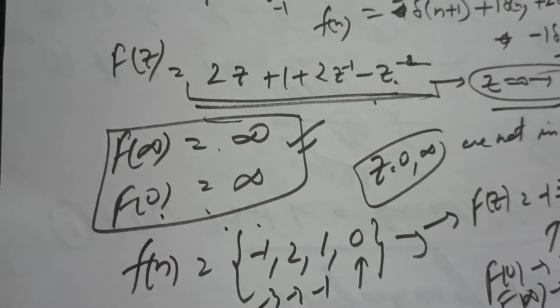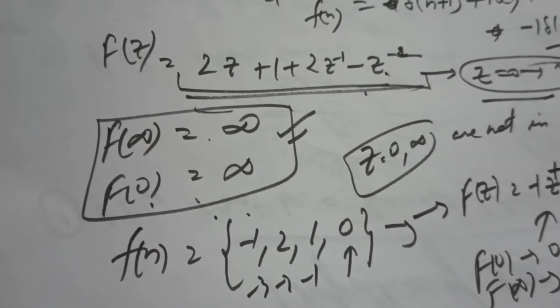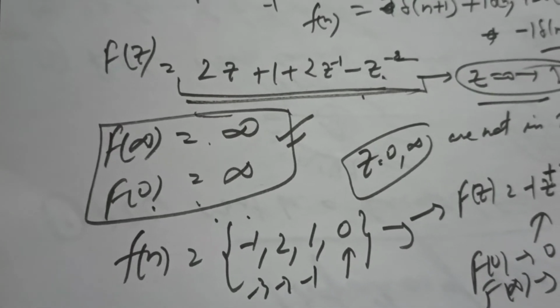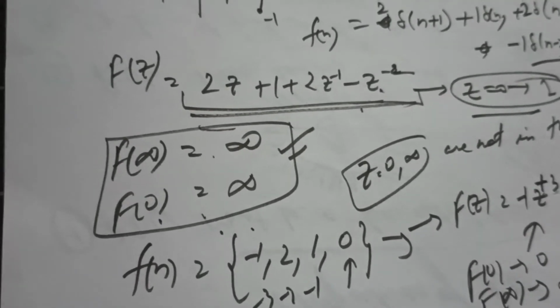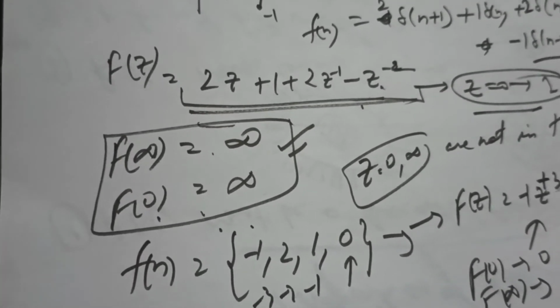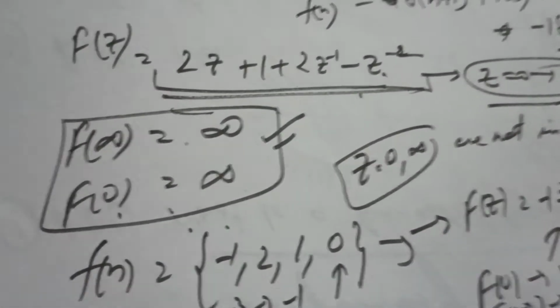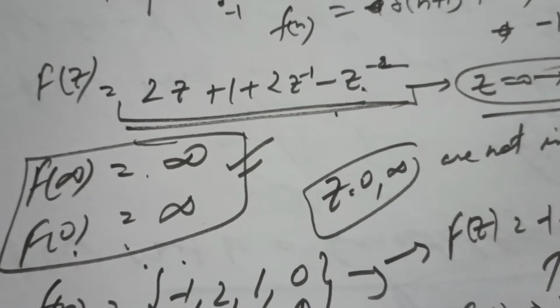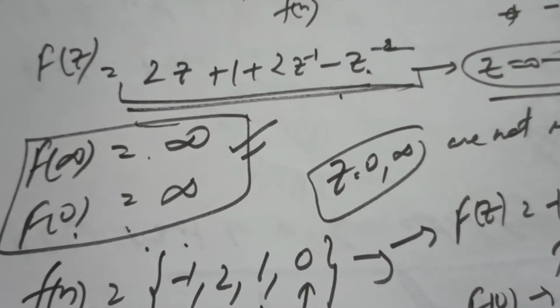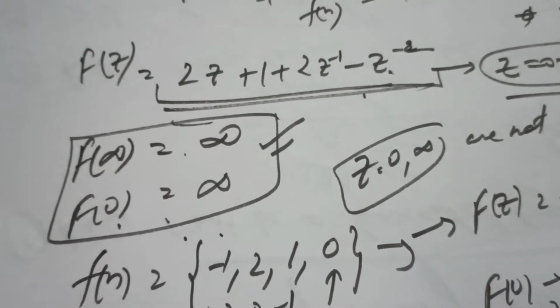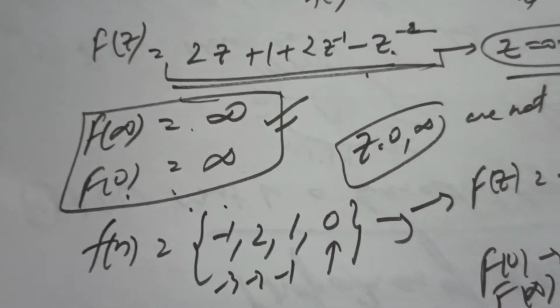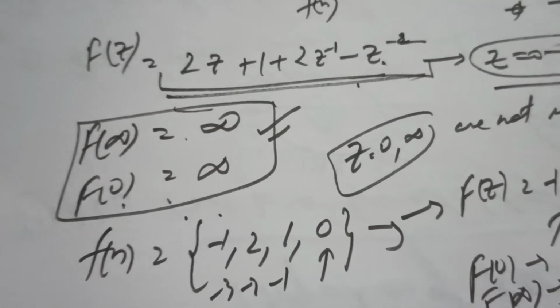So f of z will tend to infinity for z equals 0 and z equals infinity, except these two values. Just keep any value in this expression. Keep z equals 3, z equals 4, or z equals 10 lakhs, f of z is for sure going to be a finite value. So this thing should be very clear.